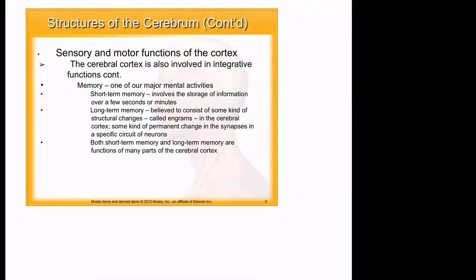Short-term memory is the stuff that happens all day long.